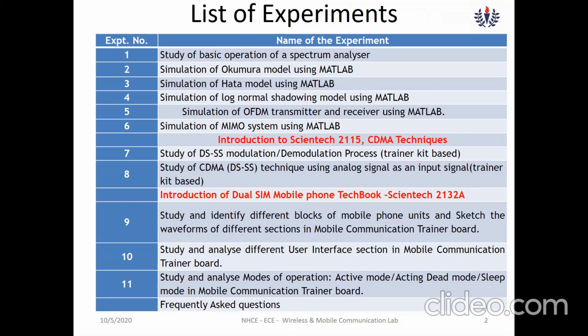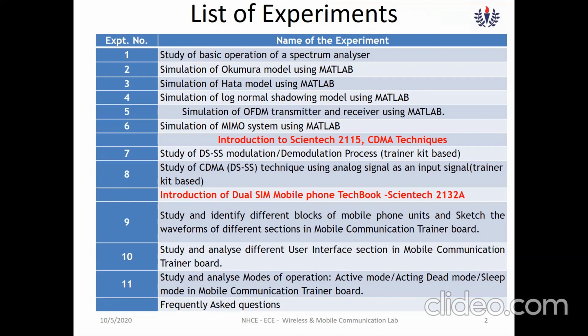If you see the first 6 experiments, the first experiment is about the spectrum analyzer, which is the basic measuring unit used to display frequencies in a spectrum, which means we can display our signal in the frequency domain.